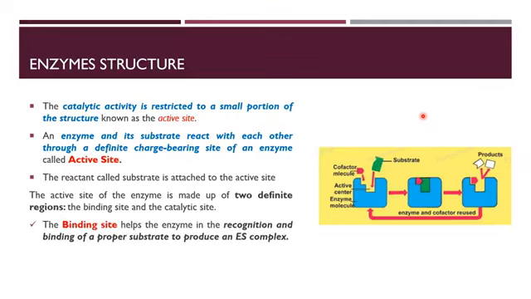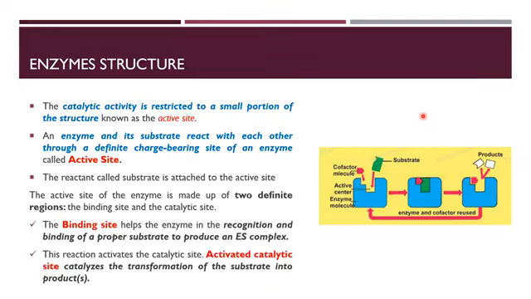The first region is binding and the second is catalytic. The binding name shows that this site is only responsible for the proper attachment of the substrate. After the attachment of the substrate to the binding site, it will activate the catalytic site, and the catalytic site is responsible for the conversion of this attached substrate into its product.